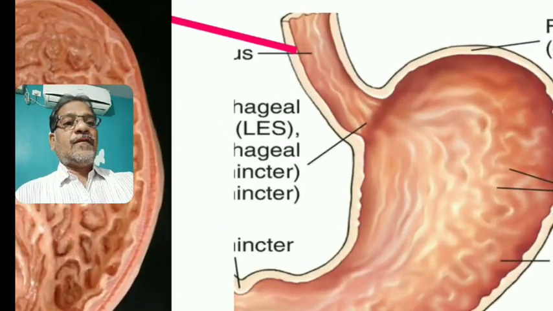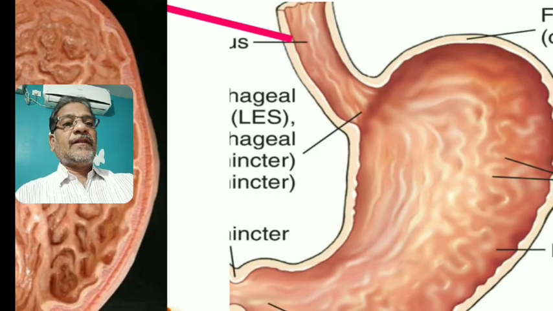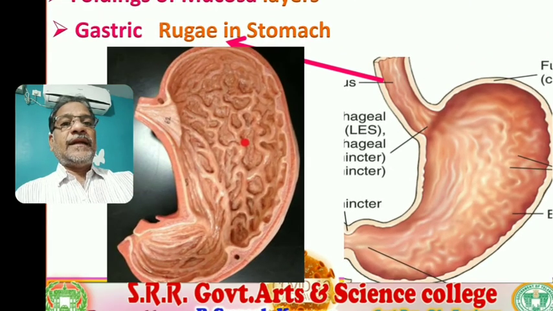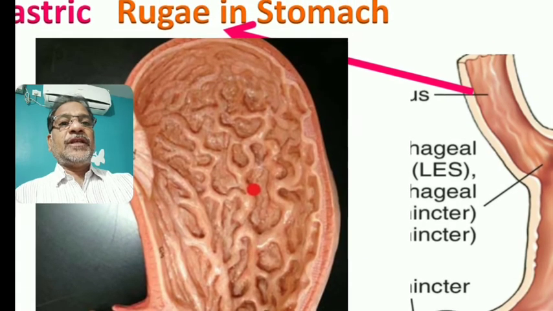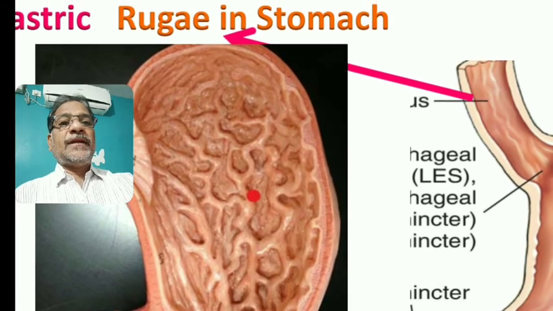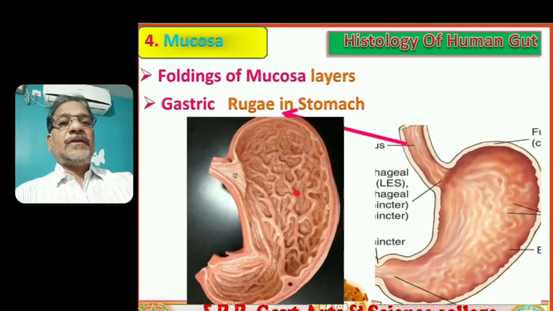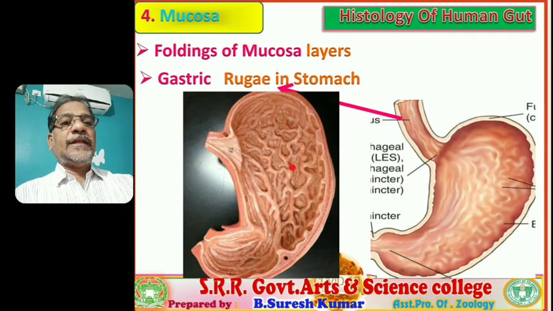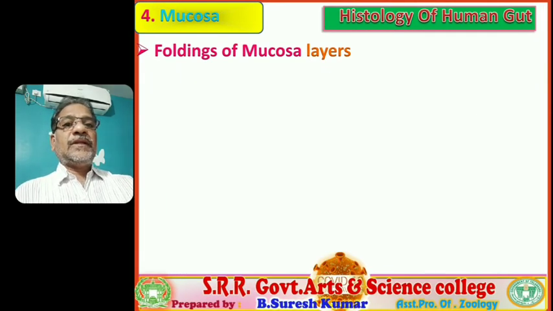This is the morphology of the upper surface, the foldings, and this is the inner region. The foldings appear like that. Right.